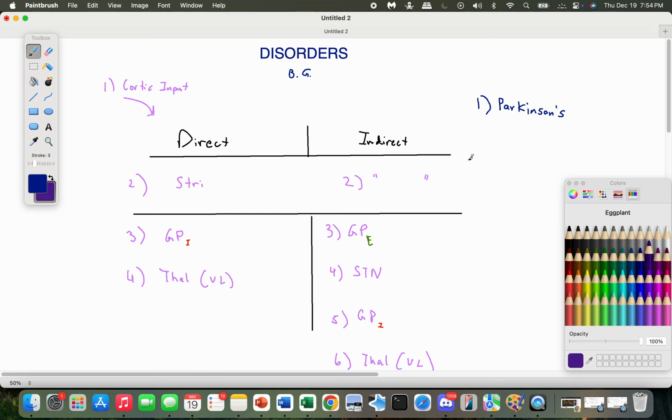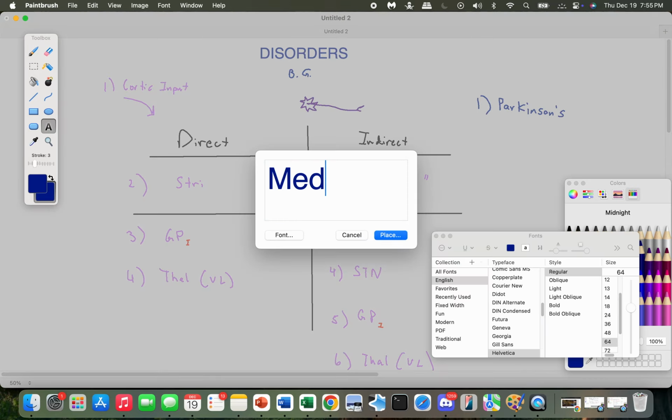So this is a little bit out of the scope of what you generally need to know, but there is a type of neuron that I'm going to draw looking kind of funny. And I drew it in a specific way, not just because of the dendrites and all that, but because the name of this neuron is the medium spiny neuron.